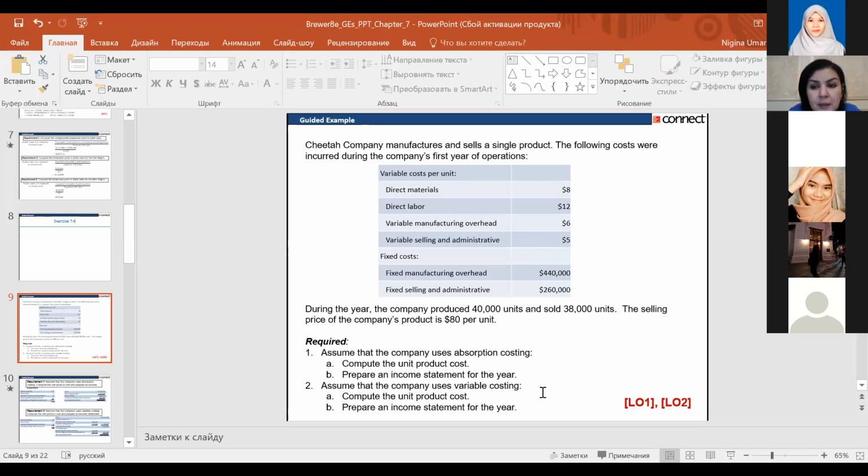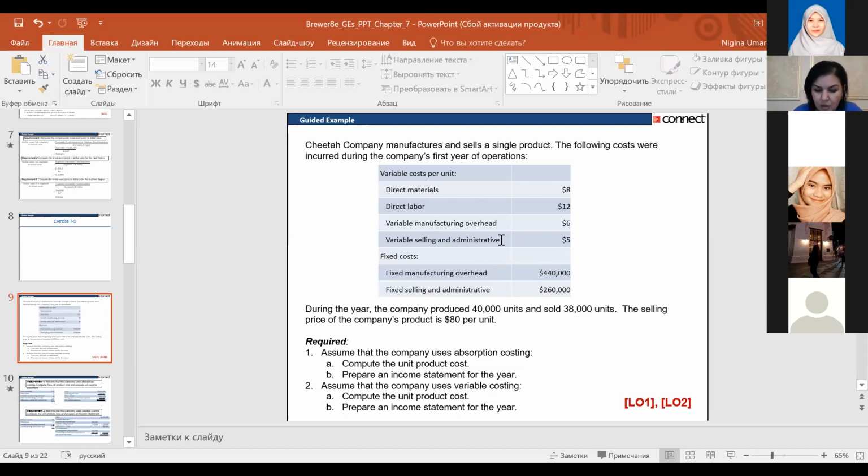And then we also must subtract which costs, Salman, in variable costing, to arrive at contribution margin? So sales revenue minus cost of goods sold minus what? Do you remember? Variable selling and administrative expenses.